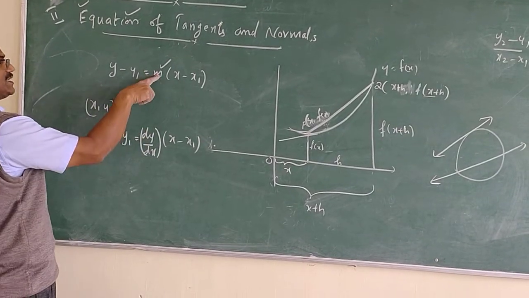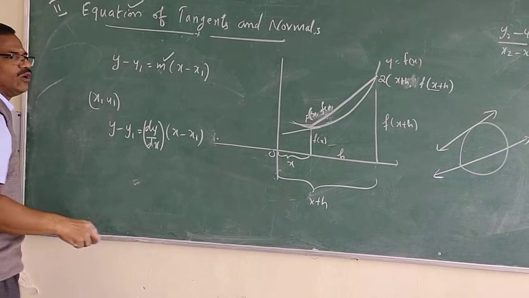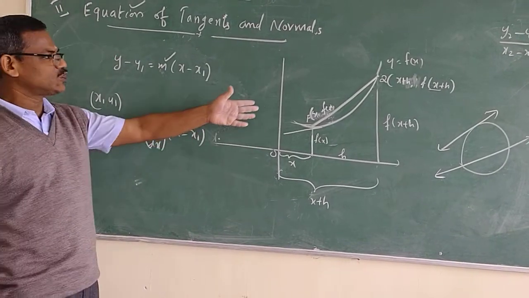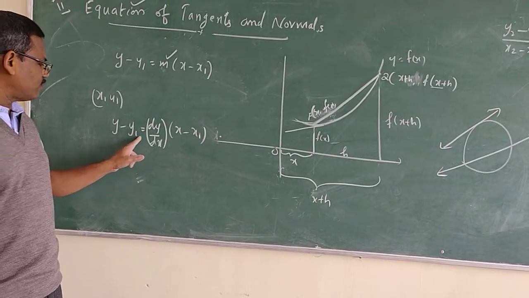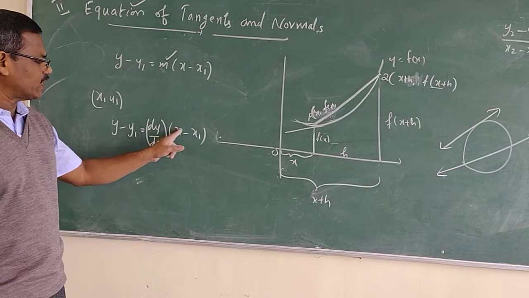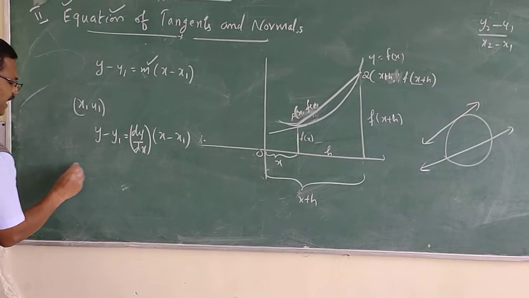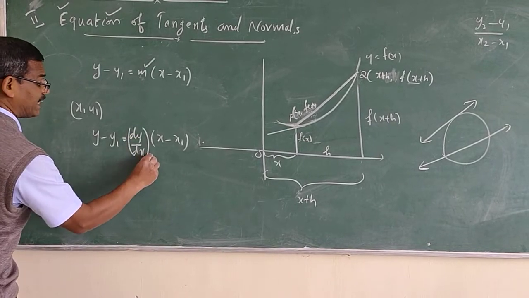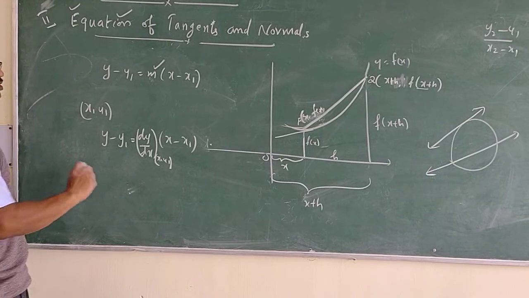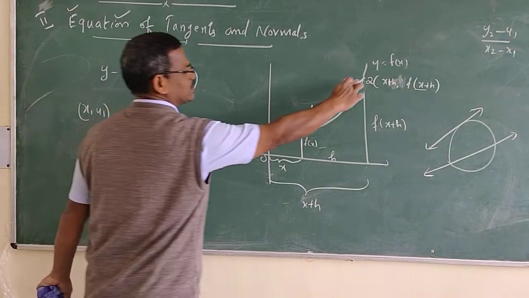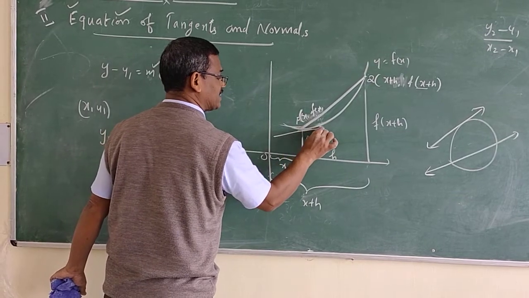If I replace this m by the slope of the tangent, because we have just explained that geometrically dy by dx is the slope of the tangent, then y minus y1 is equal to dy by dx into x minus x1 is the slope equation of a tangent, and dy by dx is to be taken at x1, y1, because when h tends to 0, it closes and becomes a tangent at this point.